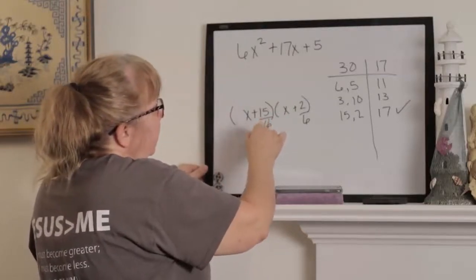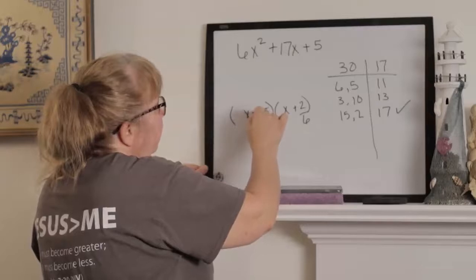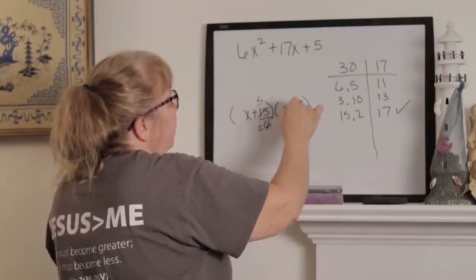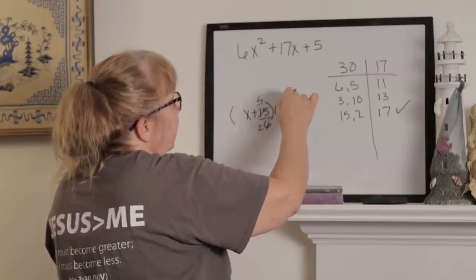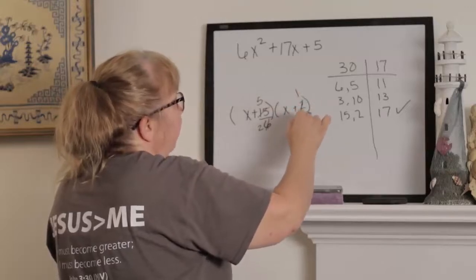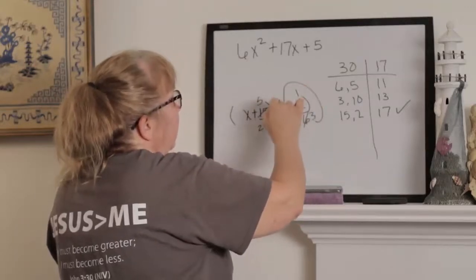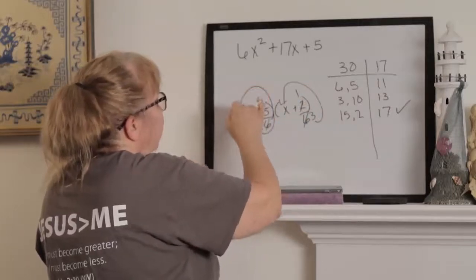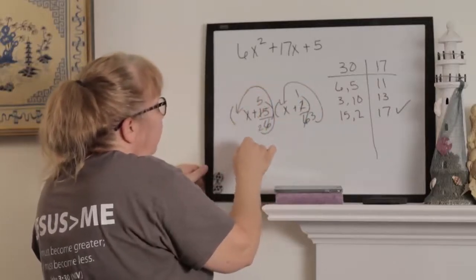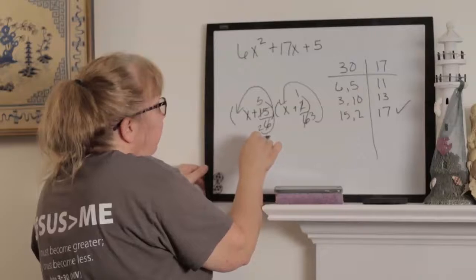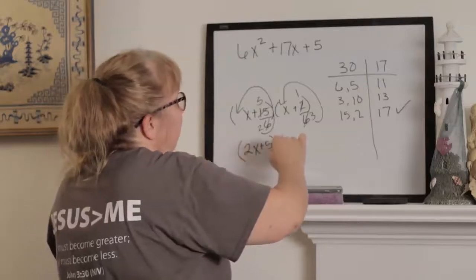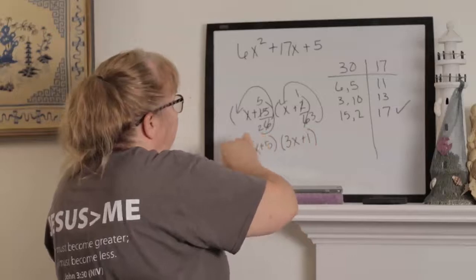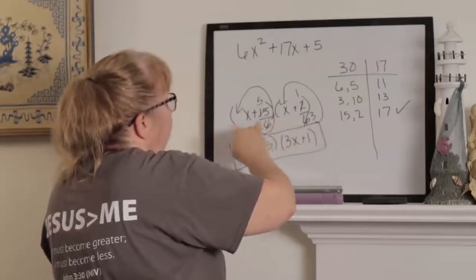So 3 goes into 6 twice, 3 goes into 15 5 times, and here 2 is going to go into 6 evenly, so that's going to be 1 on top, 3 there. The 2 is going to come around in front of this x. The 5 over 2 gives me 2x plus 5 times 3x plus 1, and I'm done with factoring it.